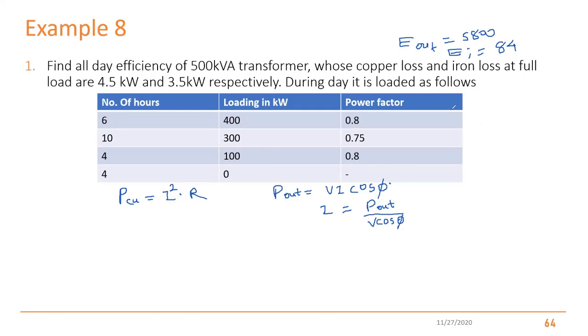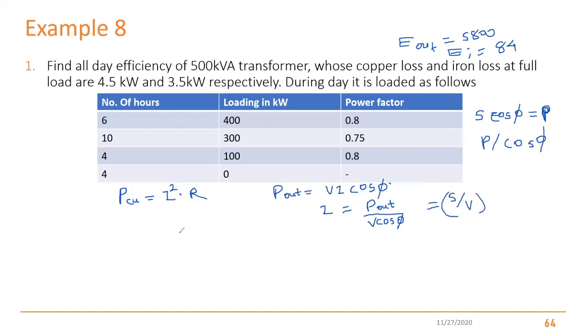Suppose the apparent power is given by S, then S cos phi is equal to the power as well. So instead of P divided by cos phi, I can substitute the apparent power. Therefore, apparent power divided by V is equal to the current.